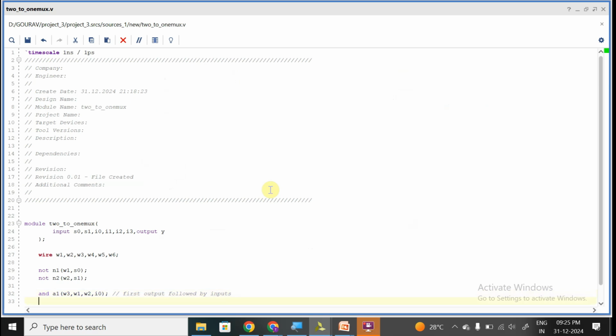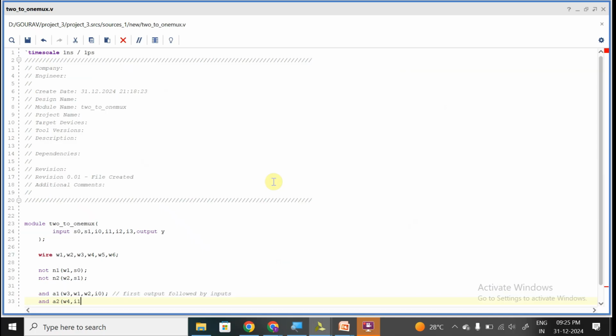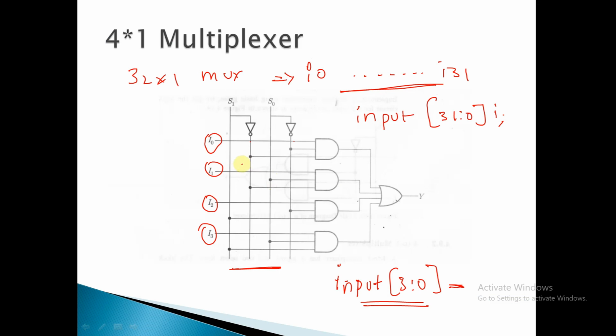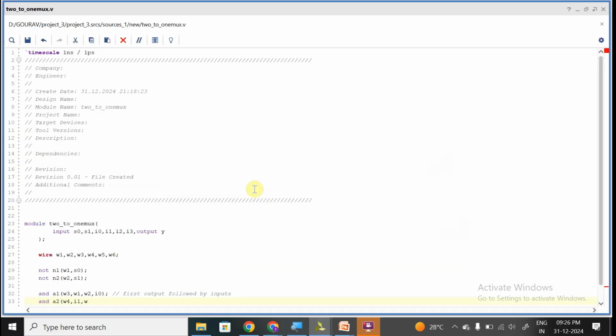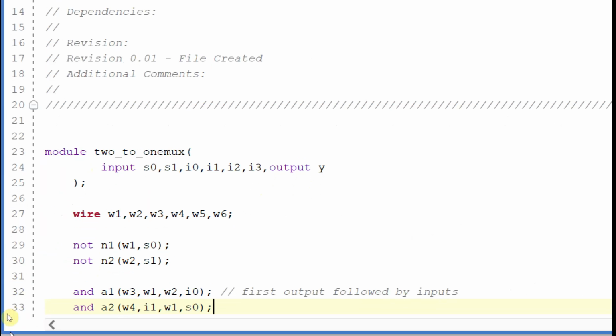So what we'll write, and A2, our output is a wire W4, and with what we'll get, I1 followed by S0 directly and W1. W1 and S0. So this is the output of my second AND gate.